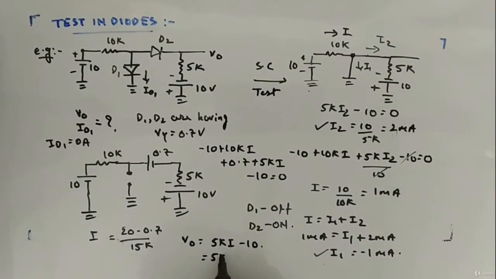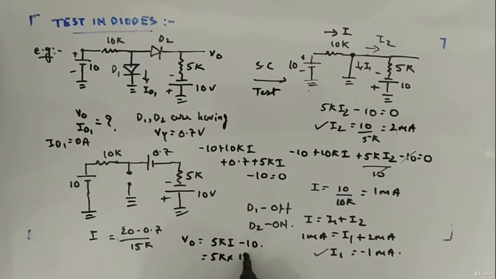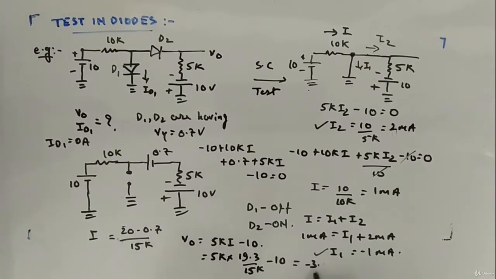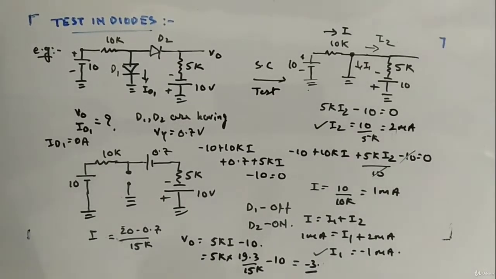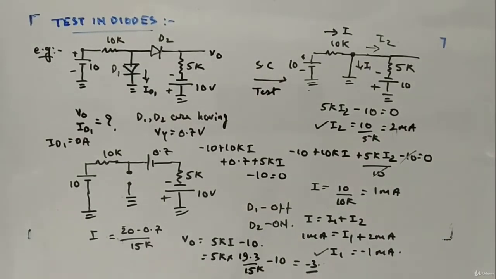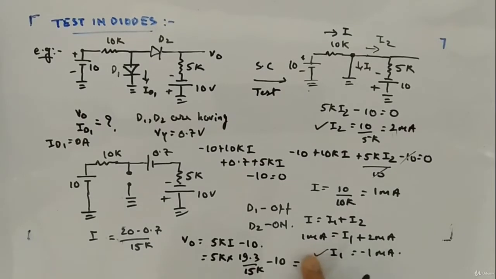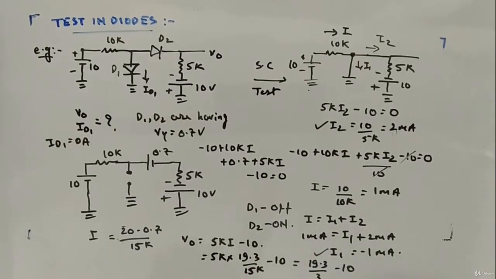So 5k into 19.3 divided by 15k, minus 10. The k will cancel, so 19.3 divided by 3 minus 10.